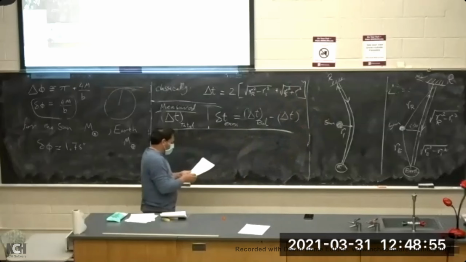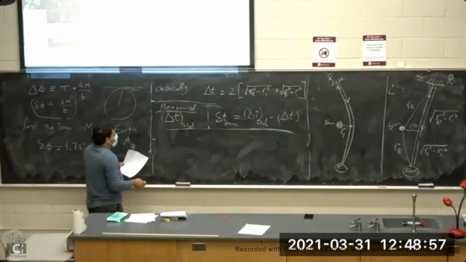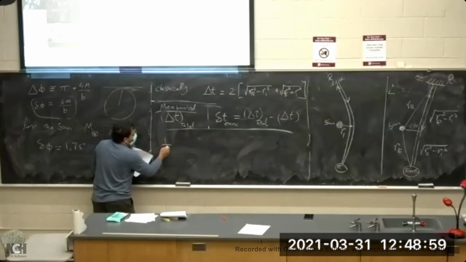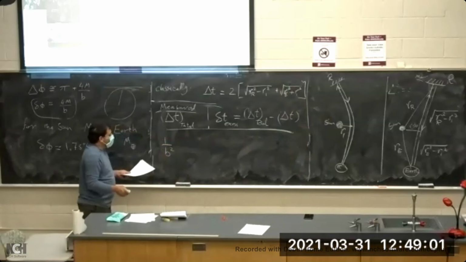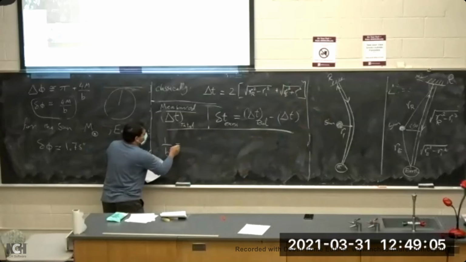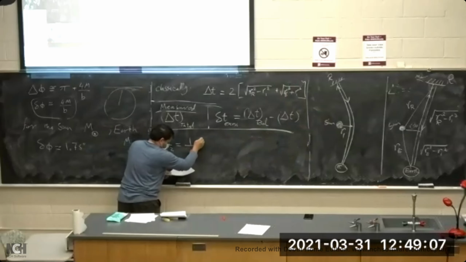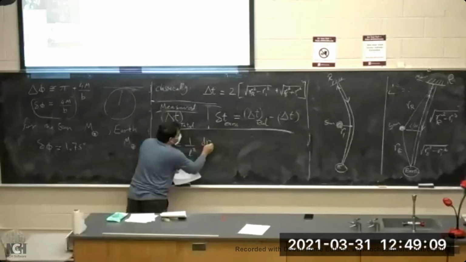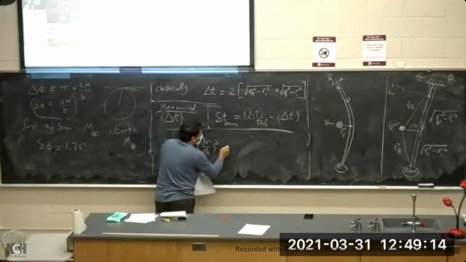And I will use again 1 over b squared, the impact parameter, which is equal to, again, 1 over L squared times (dr by d lambda) squared plus V effective.